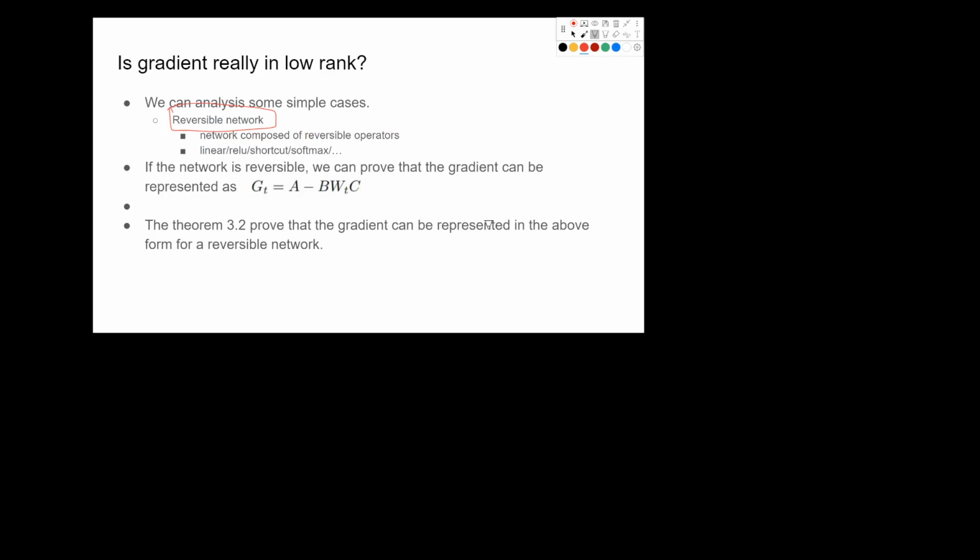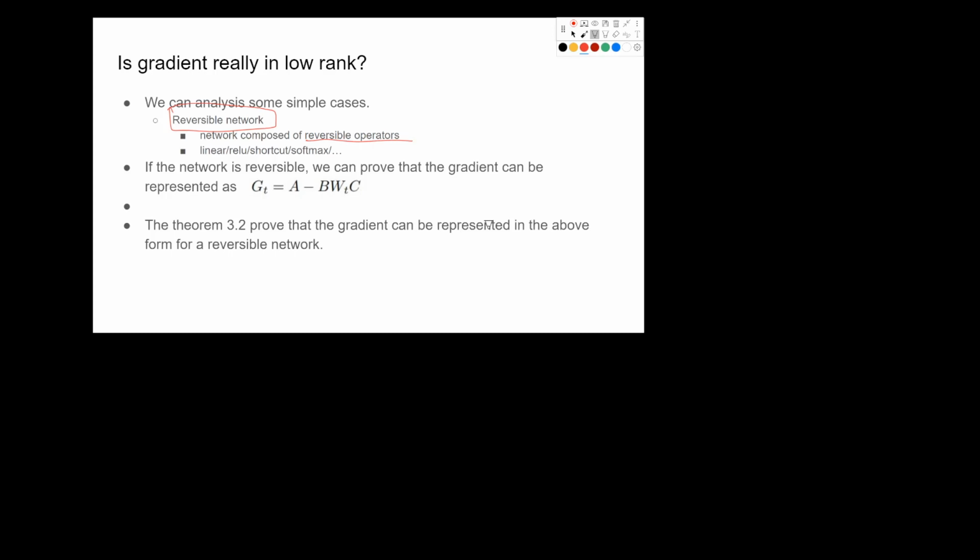If every operator in the network is reversible, we can call this network a reversible network, and the linear, ReLU, shortcut, and softmax operators are reversible. Of course, there are some other operators used in the transformer that are not reversible.